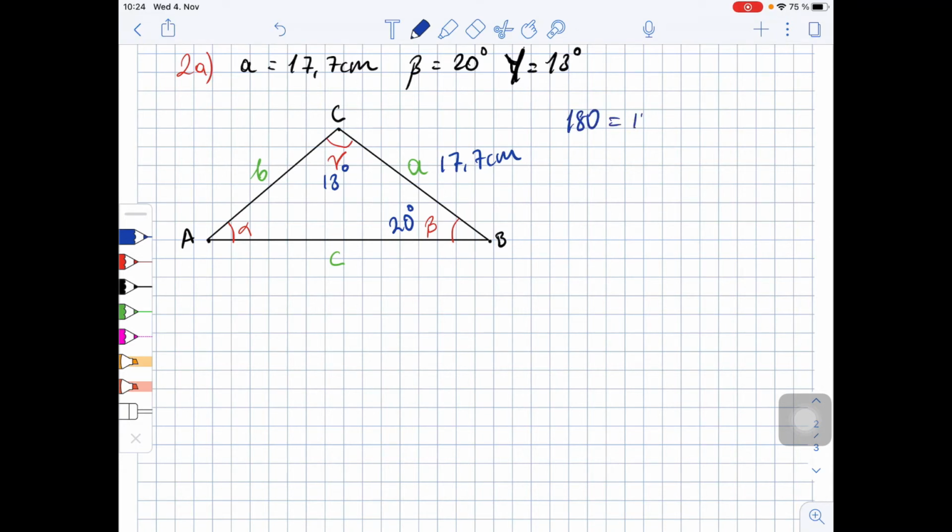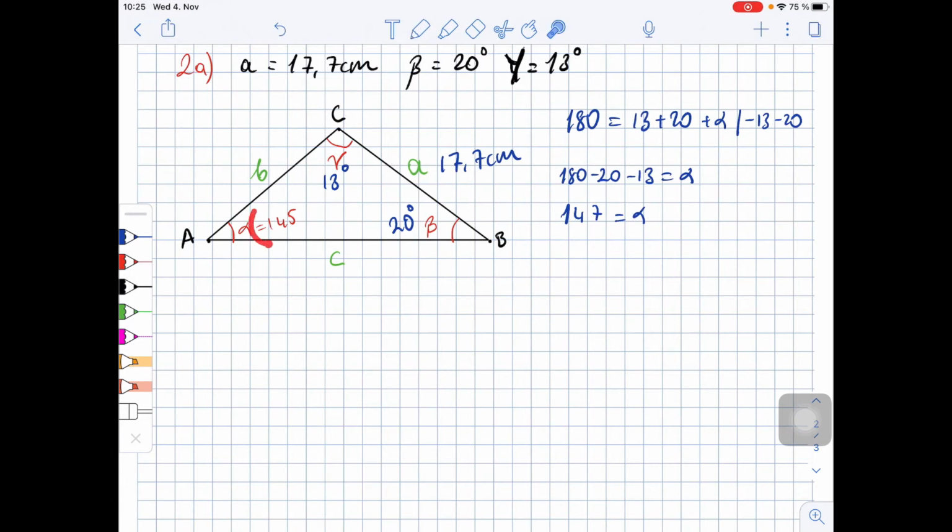So we have 13 degrees and 20 degrees, and we do not have alpha. Can I find alpha? Of course. It's going to be 180 minus 20 minus 13, which is alpha. Then this is equal to 147.